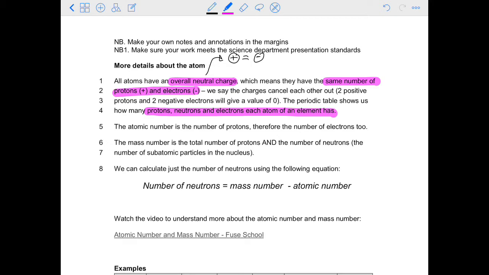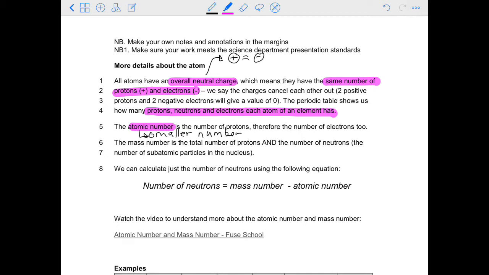So you'll notice in each box there are 2 numbers. We have our atomic number and our mass number, or atomic mass is sometimes what it's called as well. The atomic number is the smaller number. Depending on which periodic table you're looking at, sometimes it's the one on the top, sometimes it's the one on the bottom. But it will always have a key to tell you which one is which.